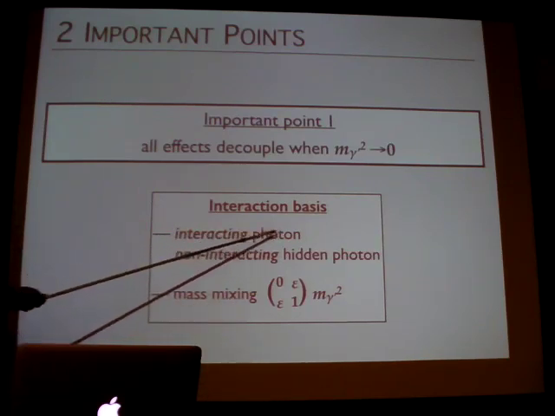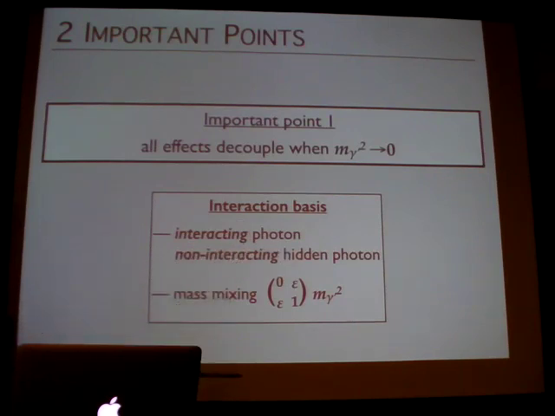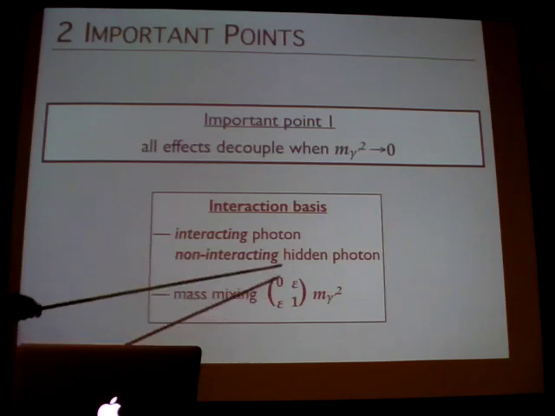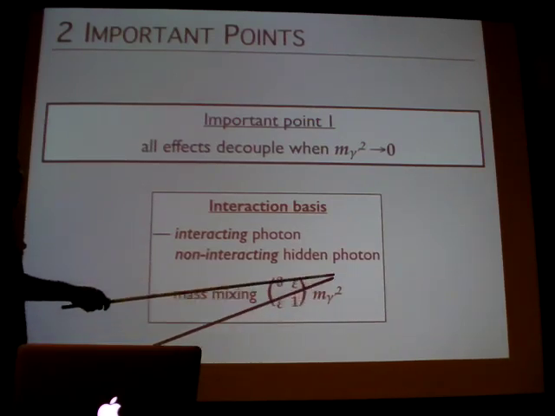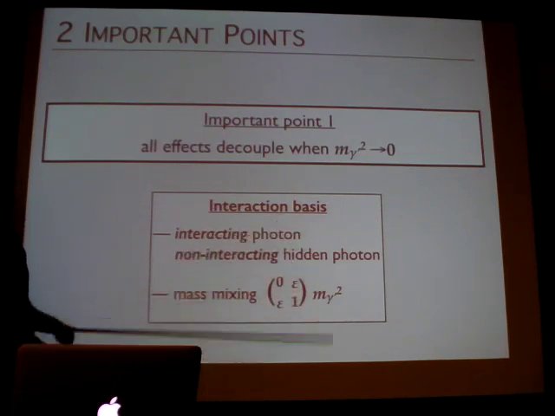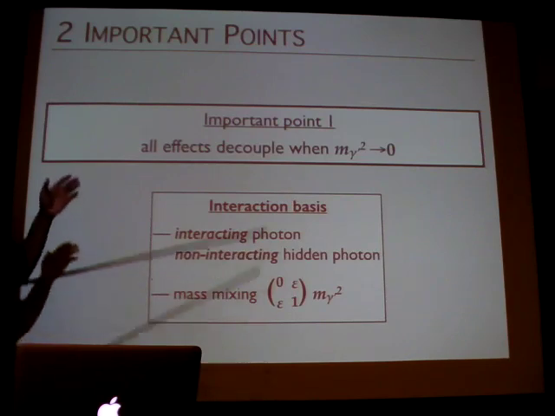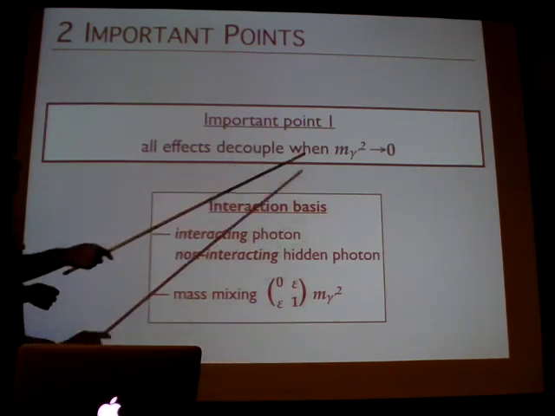There is the interacting photon and there's a non-interacting photon. The only way these two sectors are even mixed with each other is through this mass mixing term, which is of course proportional to the actual mass. So if the mass went away, the two sectors are just completely uncoupled. So all physical effects of the hidden photon have to vanish when the mass goes to 0.